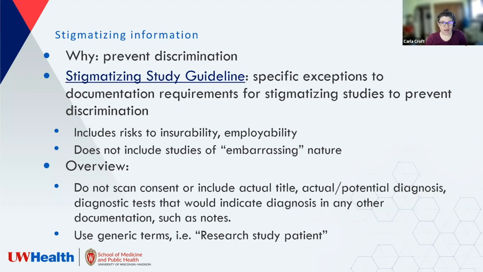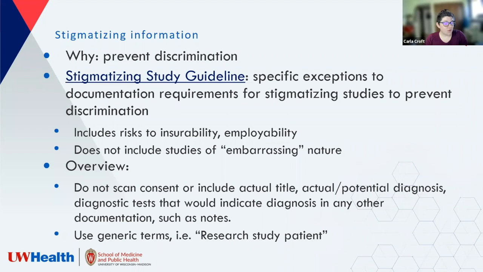We have ways of, again, kind of blinding that information as we're putting it into the electronic health record. And we encourage the use of very generic terms for these patients, such as research study patient. Again, the reason for this is really to protect the patient from discrimination.